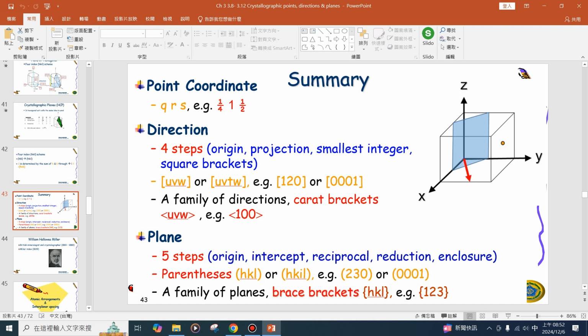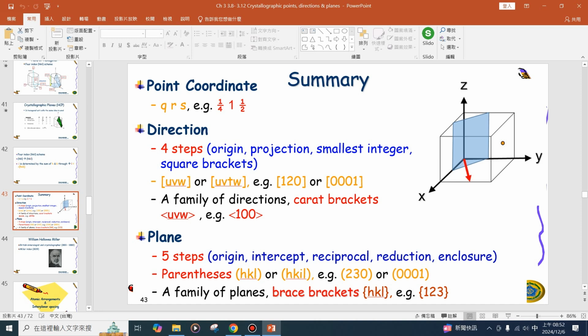So this is to represent a direction. And of course, if you have 4 axes, for example, like a hexagonal structure, you will have U, V, T, W. So you can do something like this: square bracket 1, 2, 0, square bracket, or square bracket 0, 0, 0, 1.